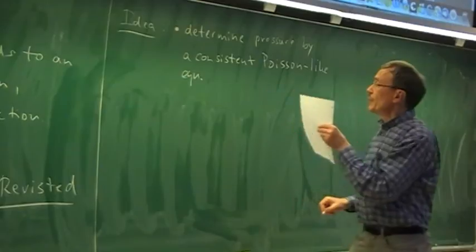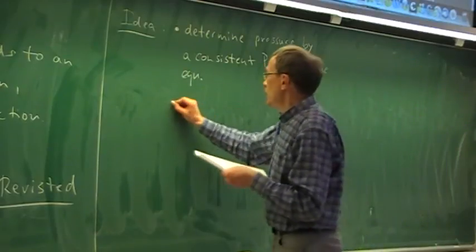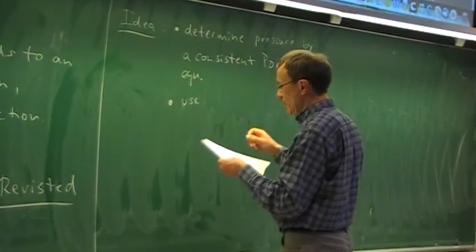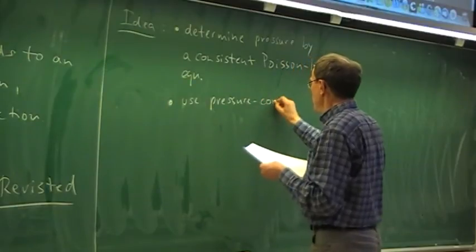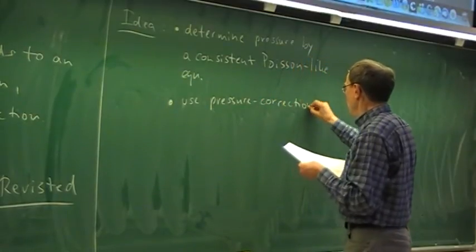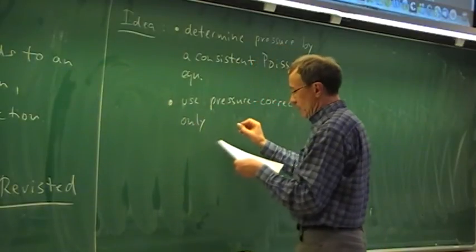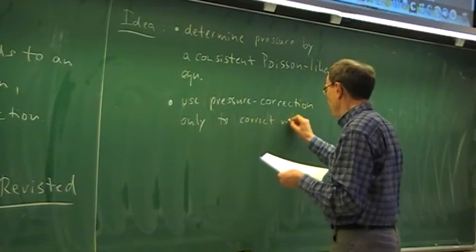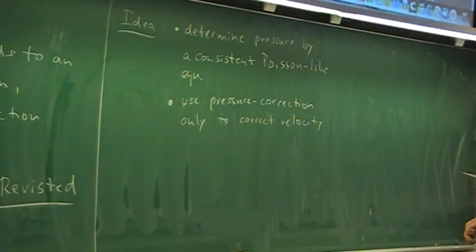And the important thing is that we compute the pressure directly, not the pressure correction. However, we still use the pressure correction equation as for the SIMPLE algorithm, but we use it only to correct the velocity, not the pressure. So the pressure is determined by a consistent equation directly.